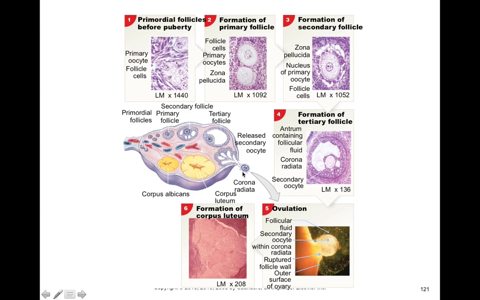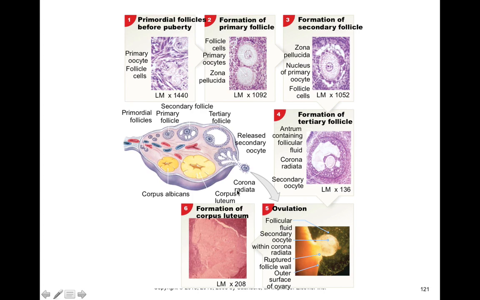After ovulation, the secondary oocyte could potentially be fertilized by sperm. As you can see in this picture, they've actually captured a shot of ovulation. It's sort of like a fluid-filled cyst that fuses with the cortex of the ovary, and then that fluid gets expelled out of the ovary. That way, the secondary oocyte is now in the pelvic cavity.